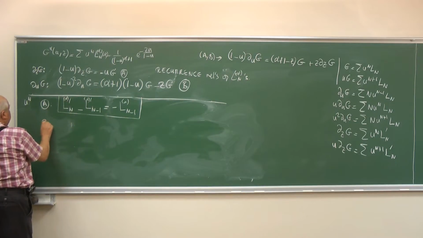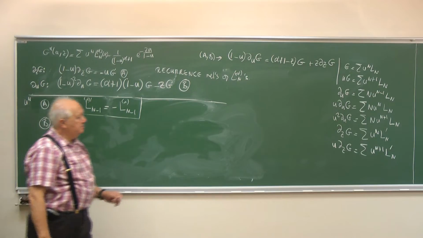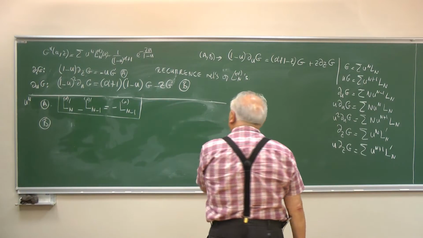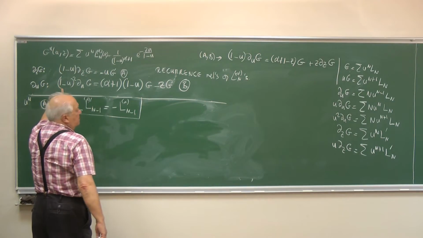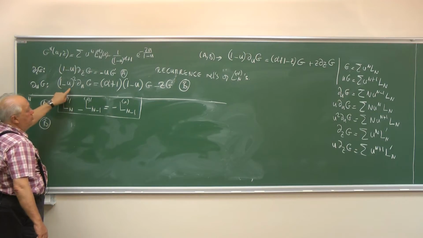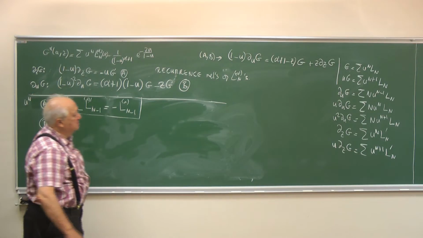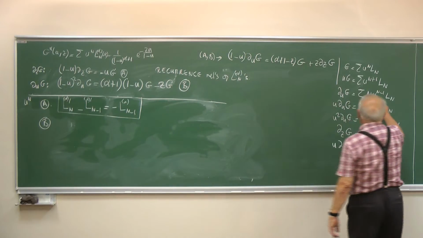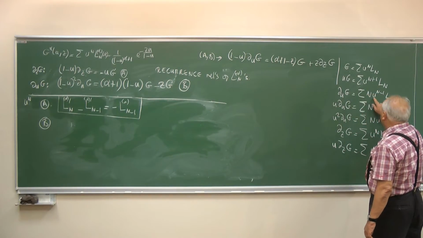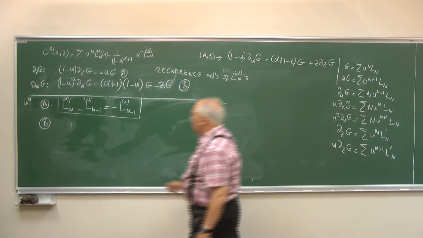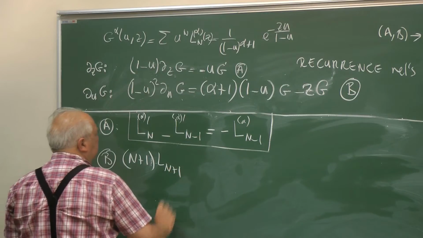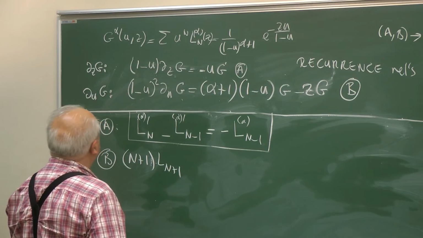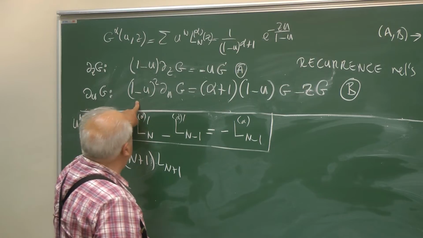B. First, if you open it up, this is 1 minus 2u plus u square. So 1 gives me that n, u^n. To get to u^n, I must increase n by 1. So this is n plus 1 times L_(n+1). That's the first term. Second, minus 2u.